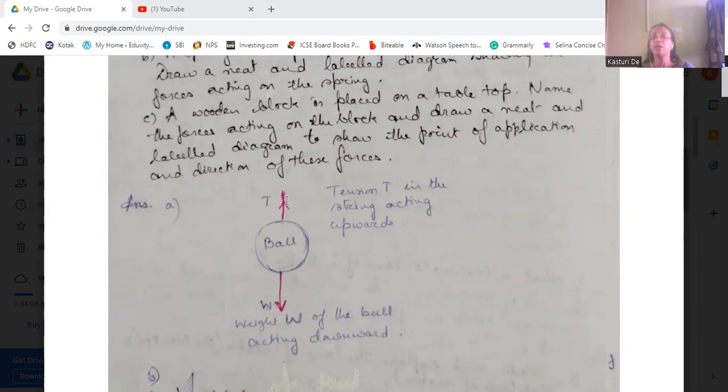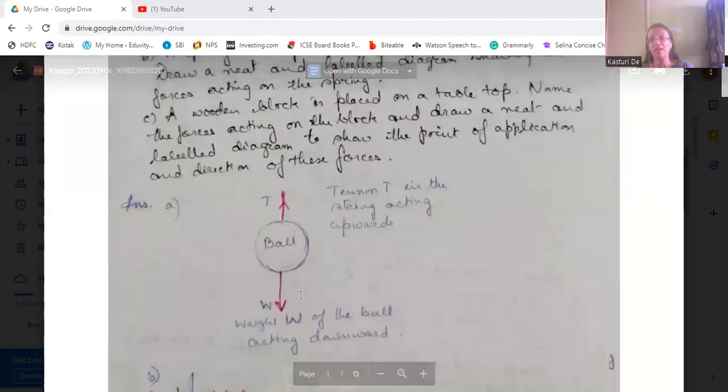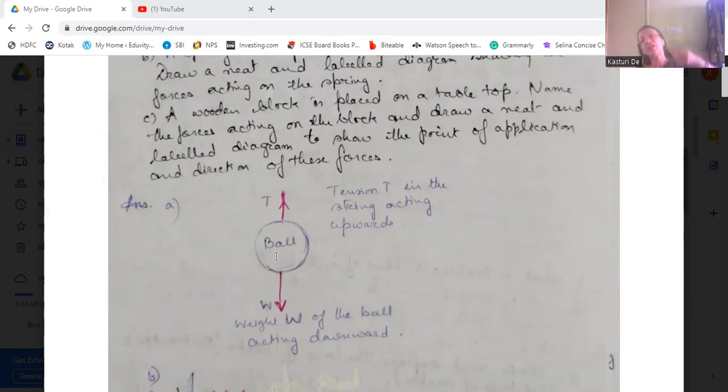One is the weight of the ball, which acts downwards. And there is the tension of the string, which pulls the ball upwards. So the string is pulling the ball upwards, and the weight is pulling the ball downwards.